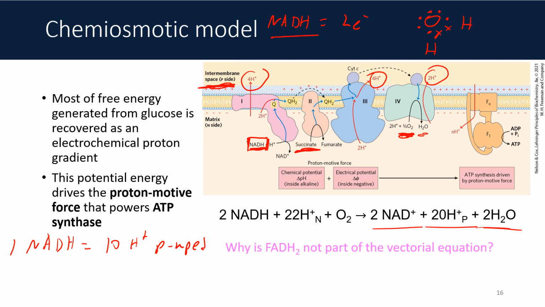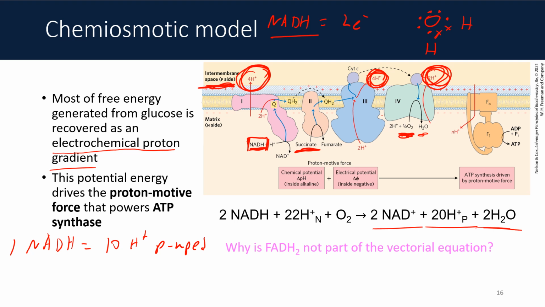In a nutshell, what we are doing with the free energy in that glucose molecule is converting it to potential energy in the form of an electrochemical potential existing as this proton gradient, where we have a lot of protons on this side and not that many on the matrix side.